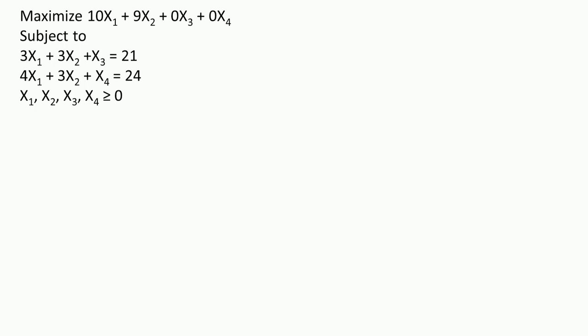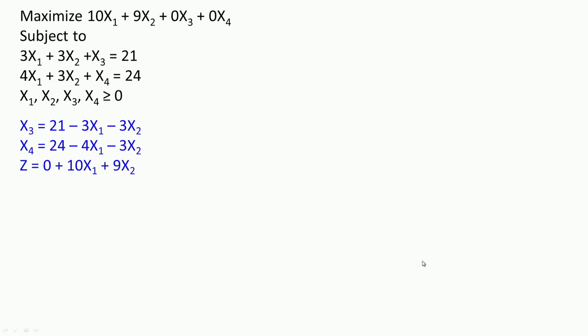So, by simply looking at these 2 equations, a very easy way to start is by treating x3 and x4 as basic variables, which means x1 and x2 are non-basic variables and they have value 0. So, we start with x3 and x4 as basic variables, and we write the equations in such a way that they are written as basic variables in terms of the non-basic variables.